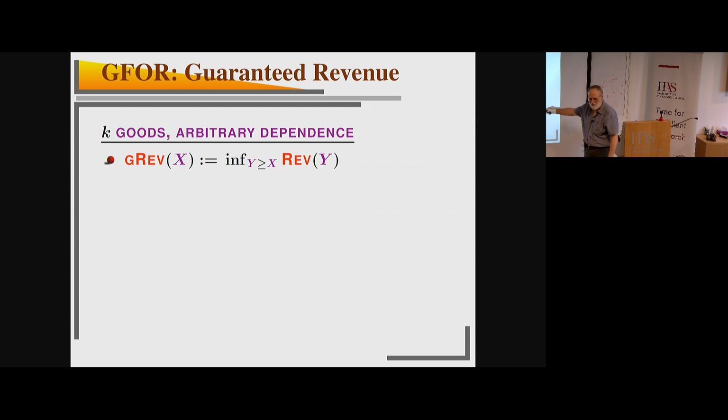And that's the most you can guarantee. Now, the question is, how much smaller can this be than the revenue of x? What fraction of the optimal revenue can this infimum be?